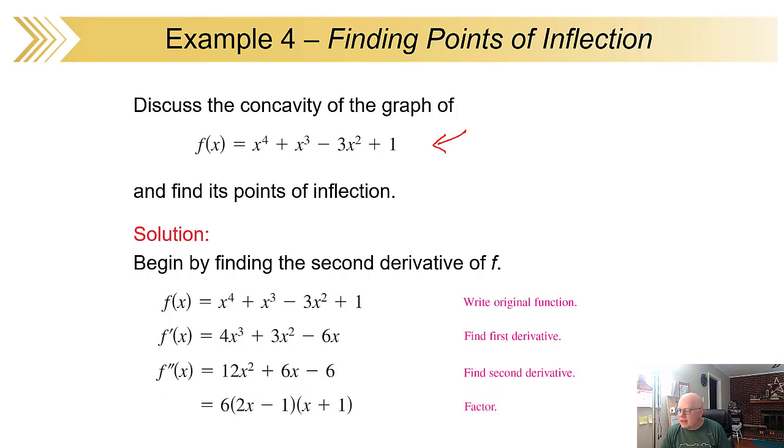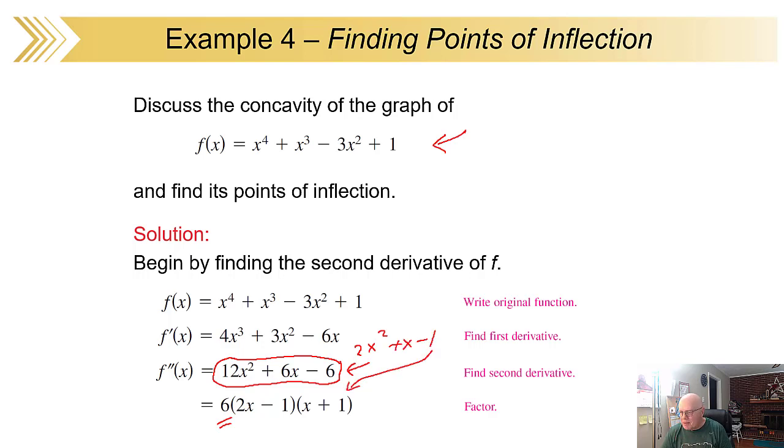We're going to factor that. You don't have to, but it does make things a little bit easier. Another thing you could do, you could just divide all of this by the common factor of 6, because you're going to set it equal to 0, which makes it 2x squared plus x minus 1.